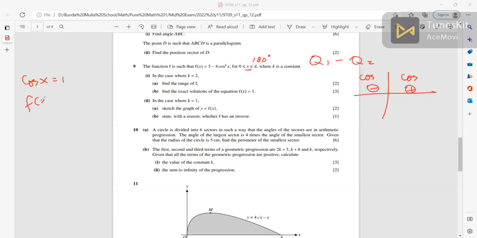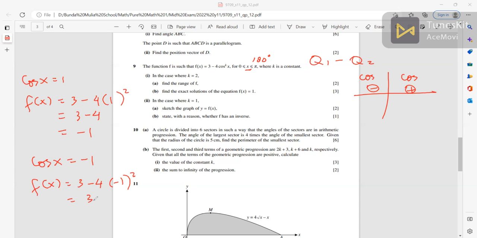So f(x) will be 3 minus 4 times 1 to the power of 2, so 3 minus 4, it equals to minus 1. Or when cos x equals to minus 1, f(x) will be 3 minus 4 times minus 1 to the power of 2, so 3 minus 4 times 1, so it equals to minus 1.